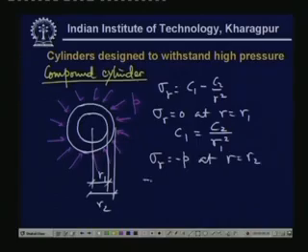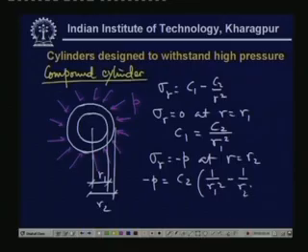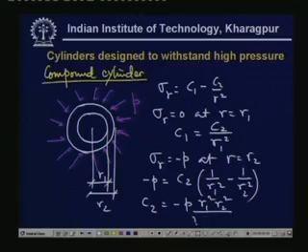So, therefore, minus P is equal to C2 times 1 upon R1 square minus 1 upon R2 square. So, therefore, C2 is equal to minus P R1 square R2 square divided by R2 square minus R1 square.